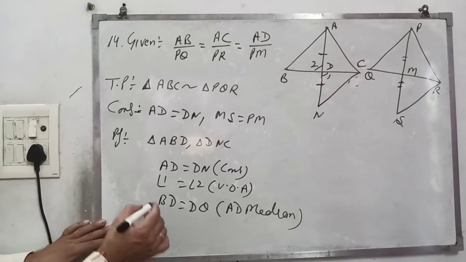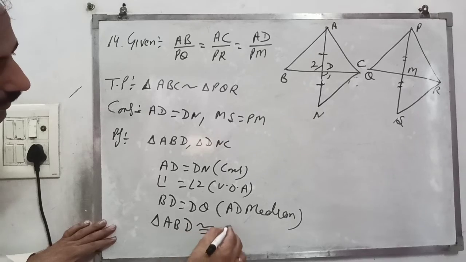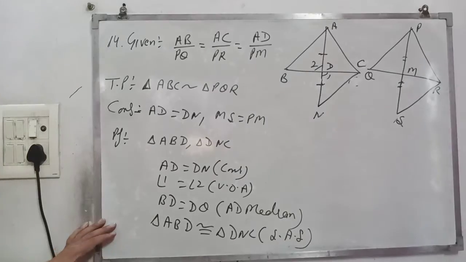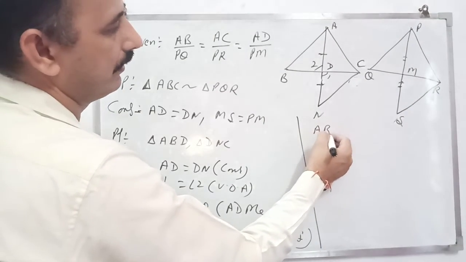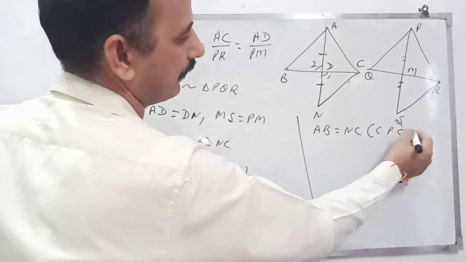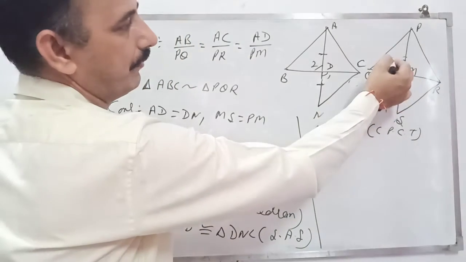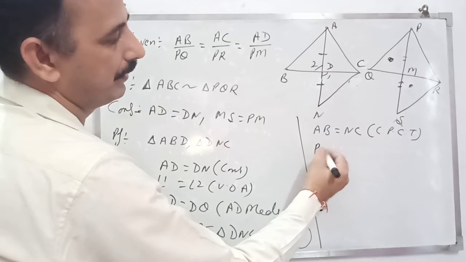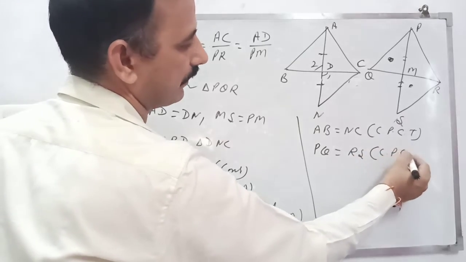So in this way, triangle ABD is congruent to triangle DNC by SAS. If the two triangles are congruent, it means AB is equal to NC, corresponding parts of congruent triangles. Similarly, we can prove these two triangles congruent, so PQ is equal to RS by CPCT.